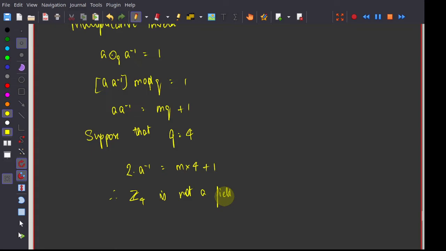Now, can you extend this to 6? Correct, 2 will not have an inverse. Now can you generalize this? We know that Z3 is a field, correct? We checked it using that particular table.